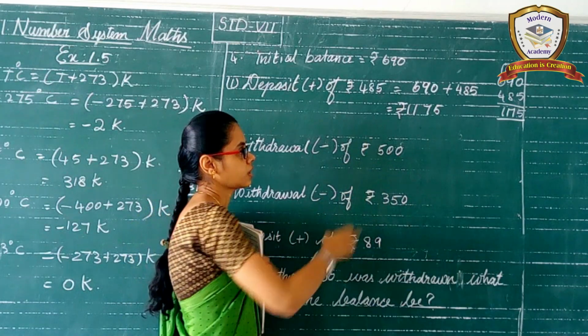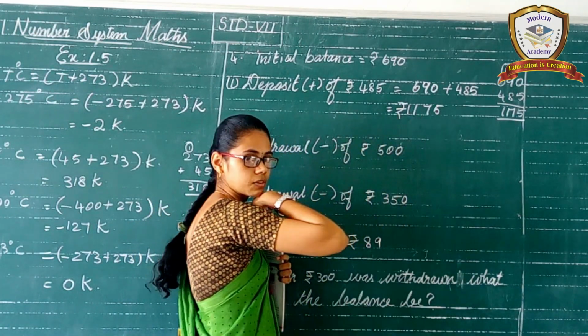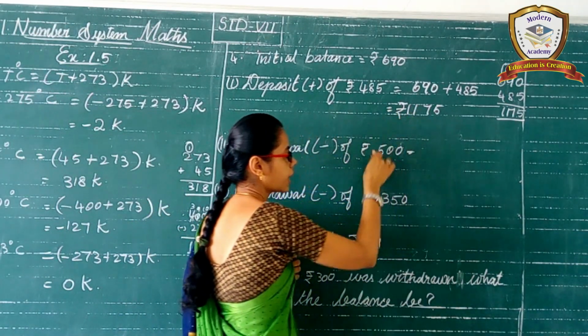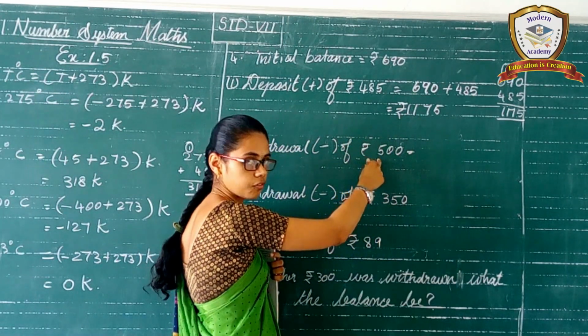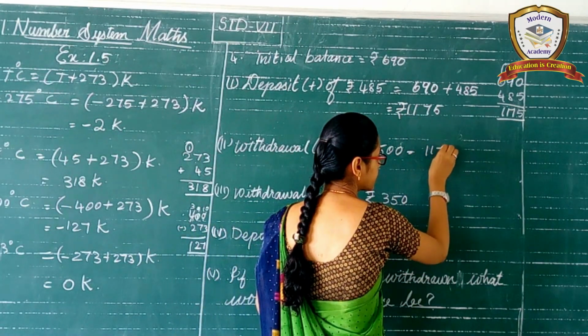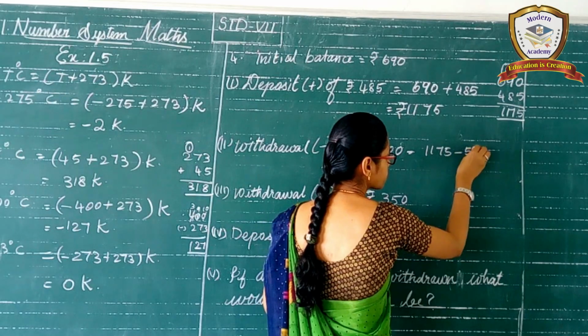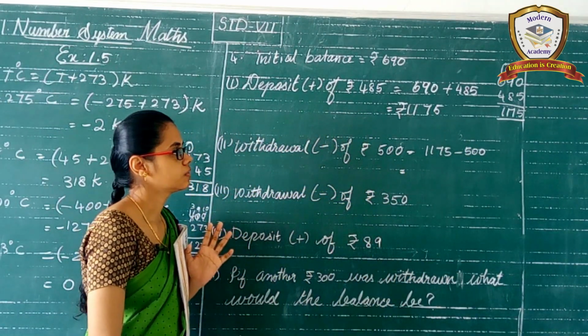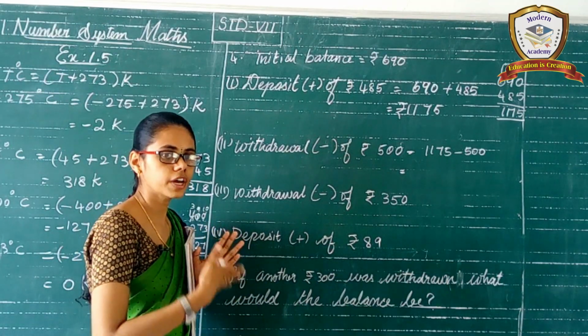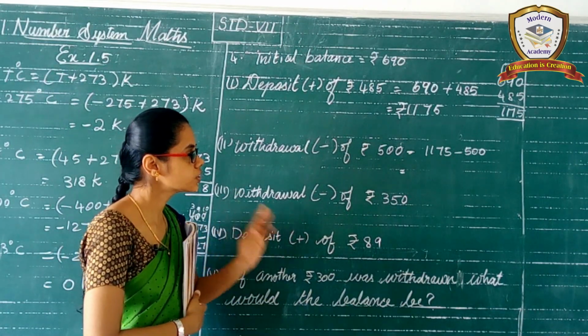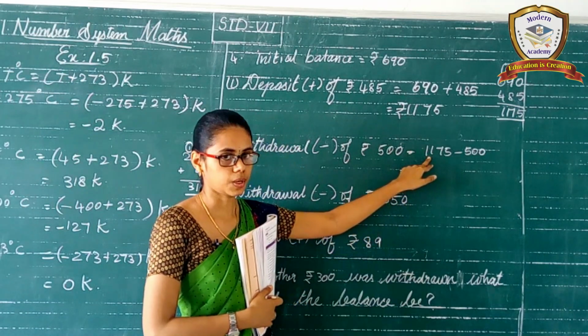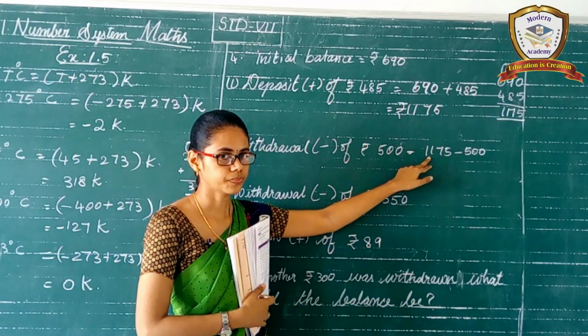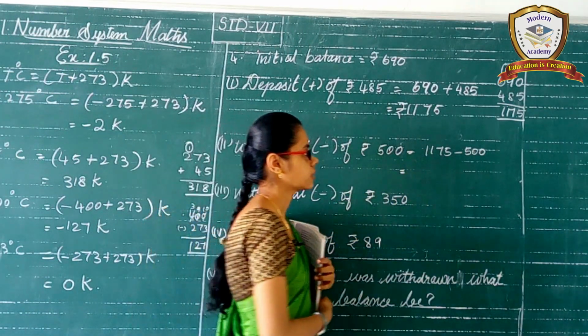So we have to withdraw 500. 500 amount withdrawn from this amount 1175. Clear?